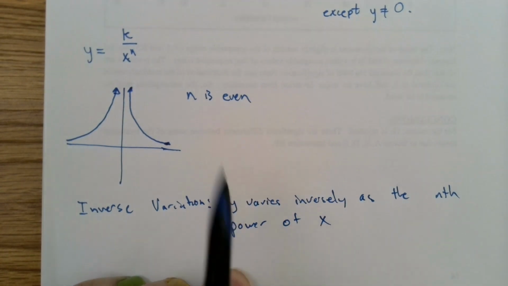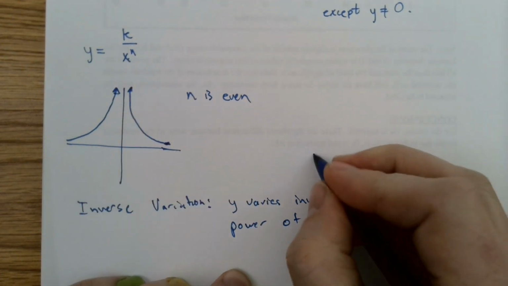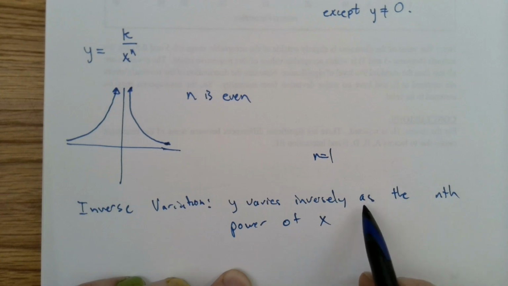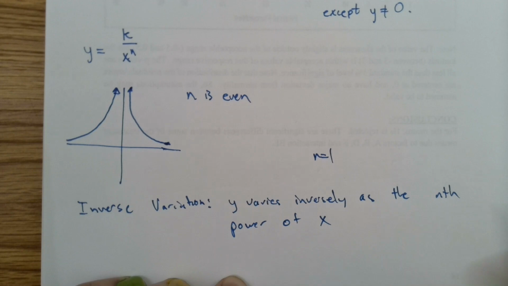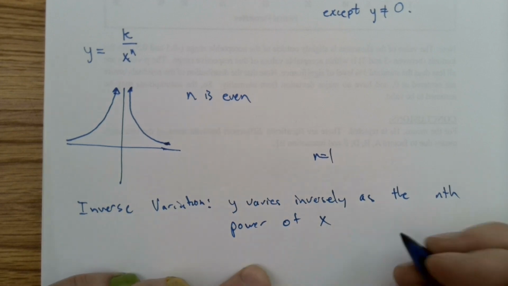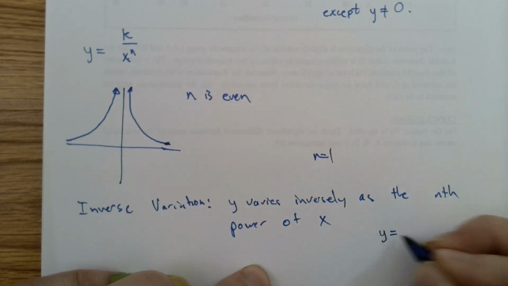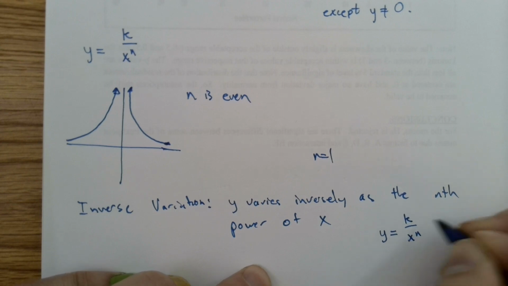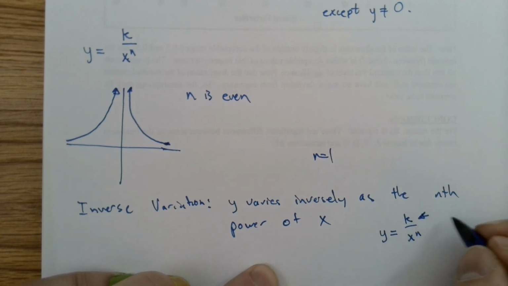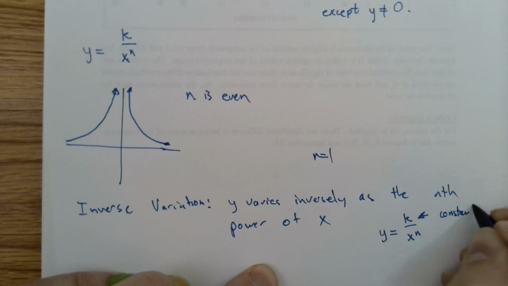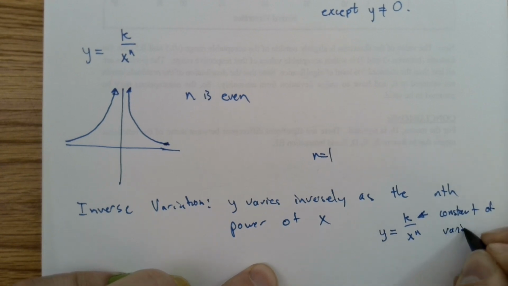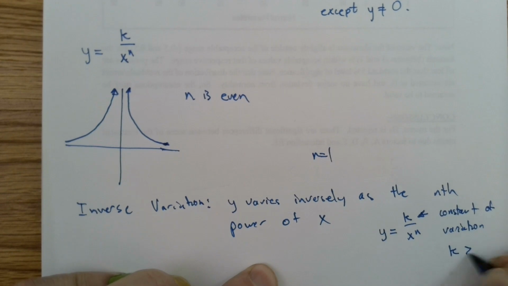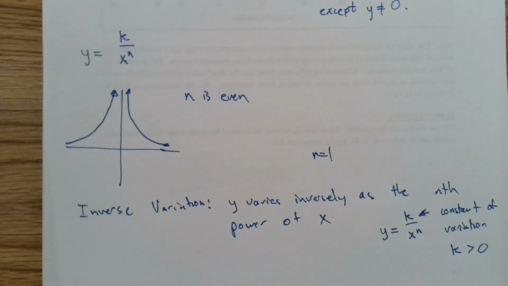Now, if the power on x is 1, so if n equals 1, we would just say y varies inversely as x. So we wouldn't include the nth power of x. And then we know that the equations in this form are y equals k divided by x to the n. We call this k the constant of variation, and it has to be positive. Okay, that's it for that section.